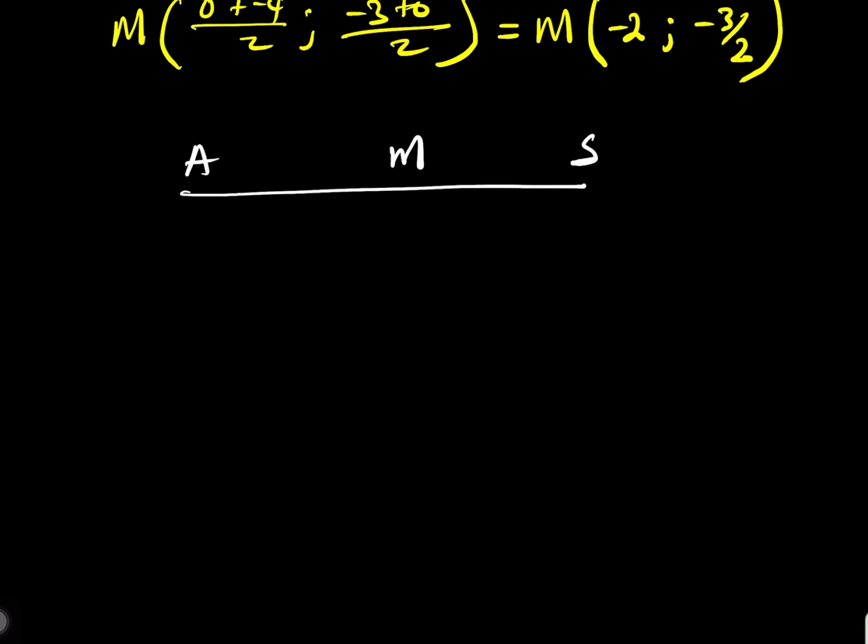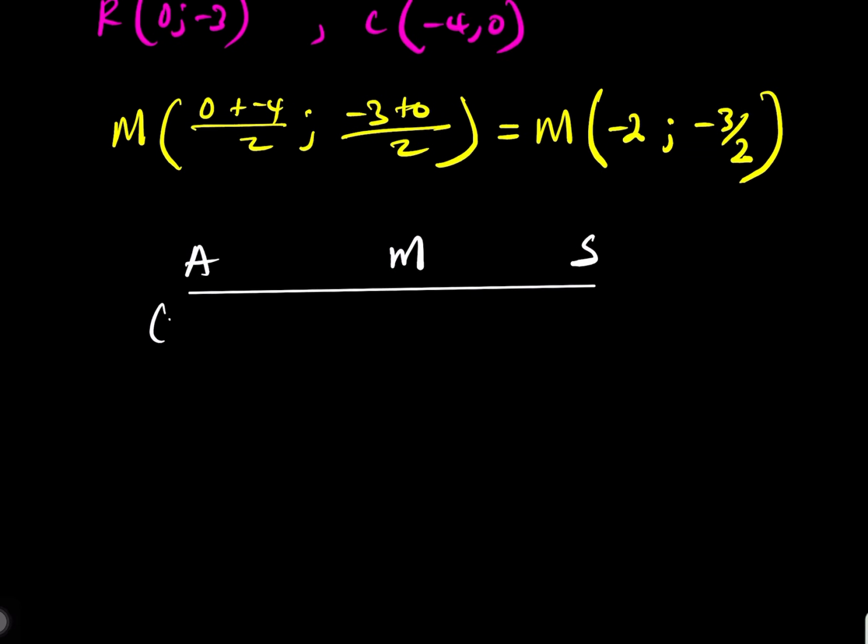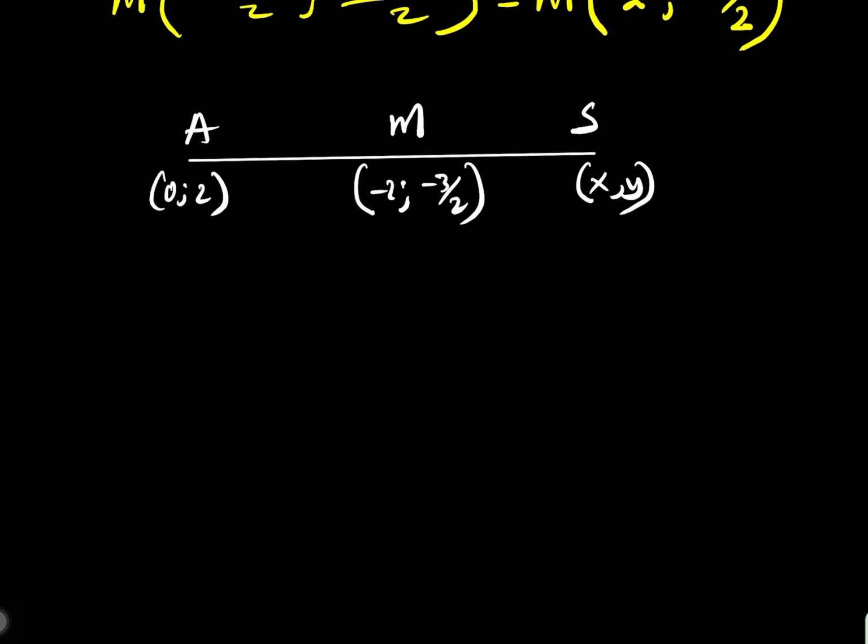Think about it in this way: the point A was (0, 2), and M, you just found it, that is (-2, -3/2). The point S is what you're looking for, so that is (x, y). But this point must be negative if what we're doing is correct. So I'm going to use the midpoint theorem, which states that the x at M is equal to the x at A plus the x at S divided by 2, and y at M is equal to y at A plus y at S over 2.